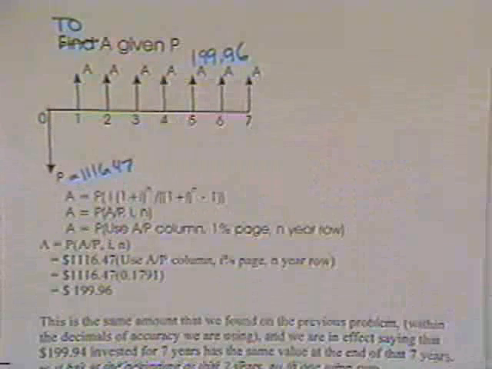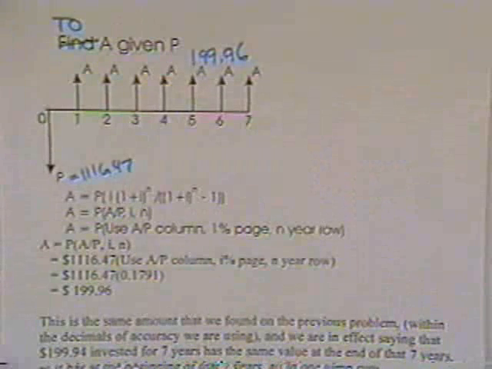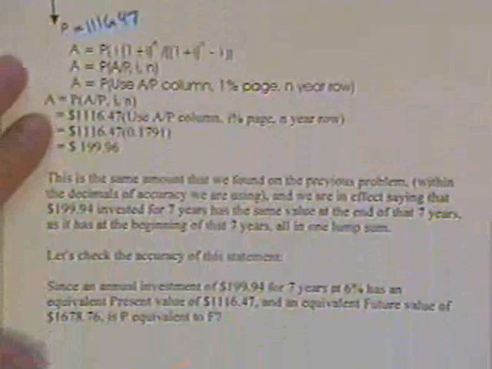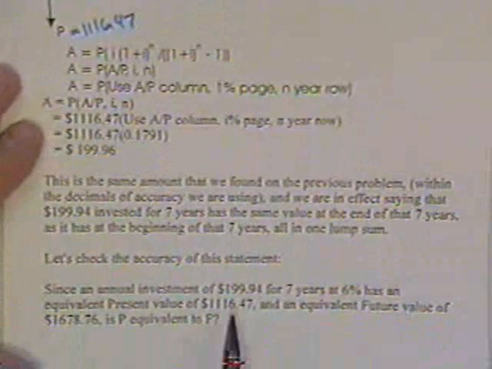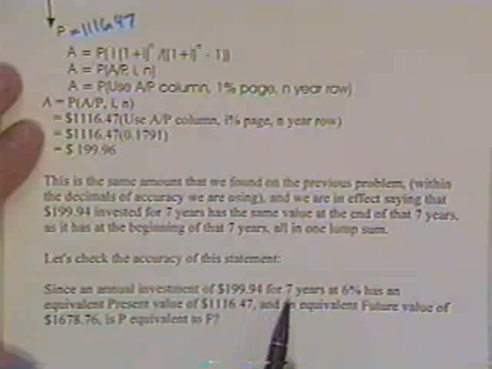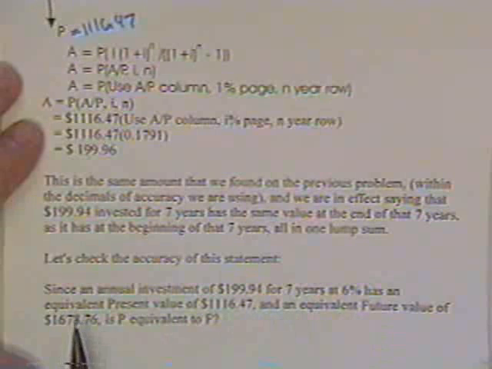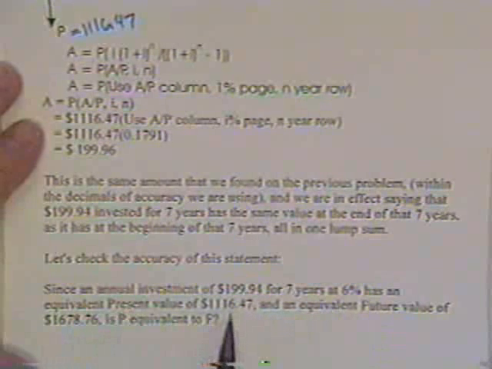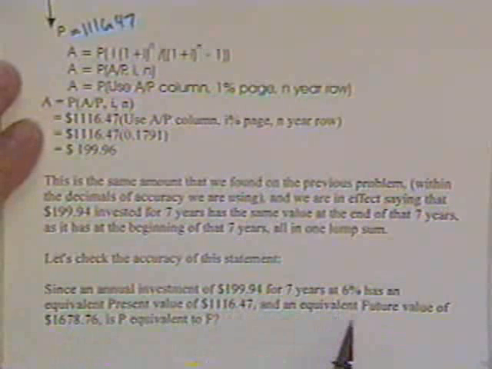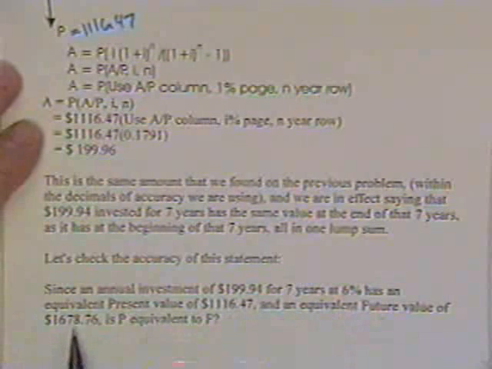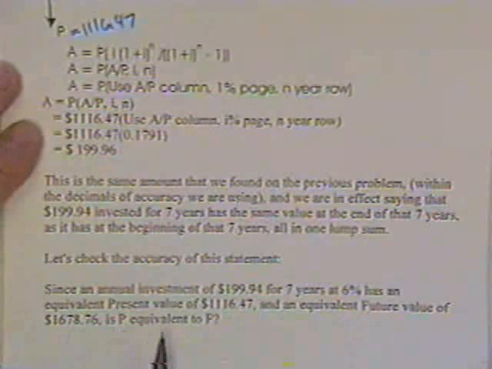Let's see if that turns out to be right. What we're saying is that an annual investment of this for 7 years at 6% has an equivalent present value of this and an equivalent future value of this. Looks like P ought to be the same as F.